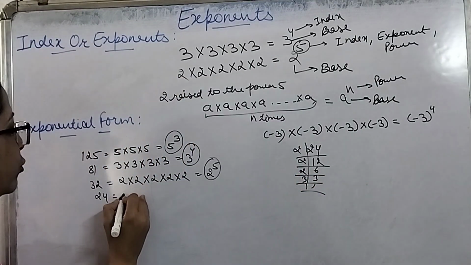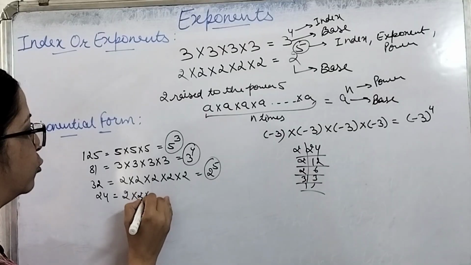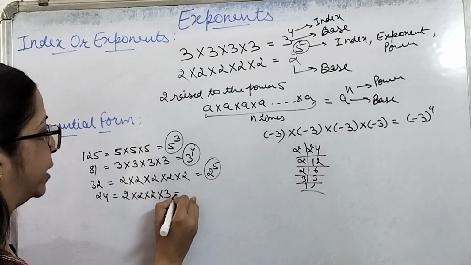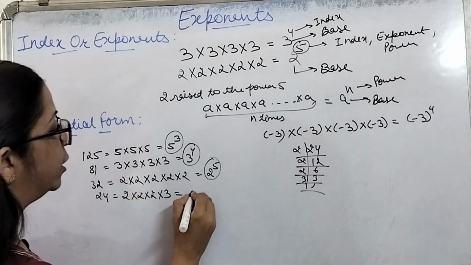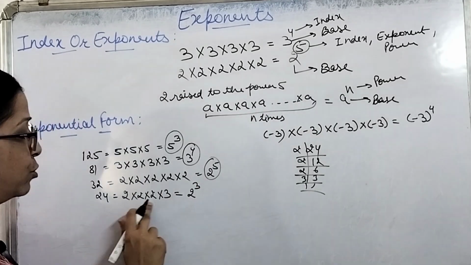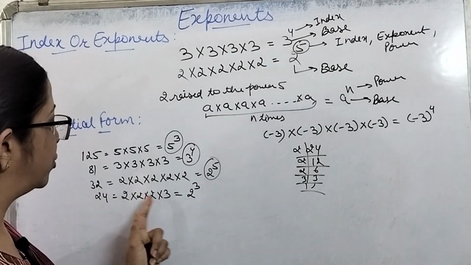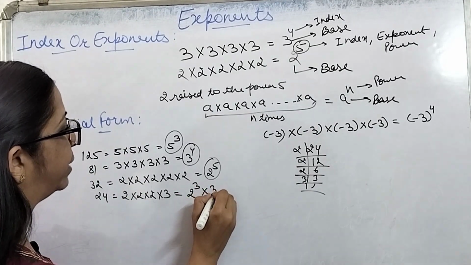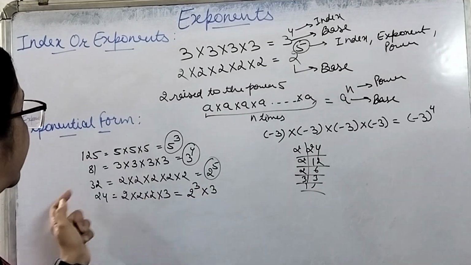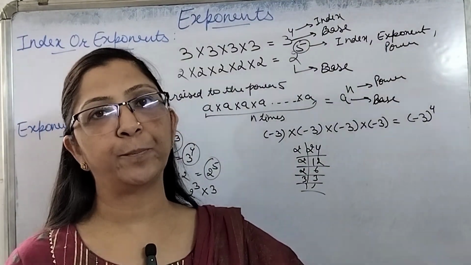So this 24 could be written as 2 multiplied by 2 multiplied by 2 multiplied by 3. So the exponential form will be 2 raised to the power 3, because 2 is multiplied 3 times. So 2 raised to the power 3 multiplied by 3 will be the exponential form of your 24.